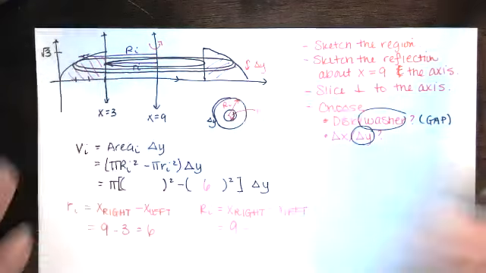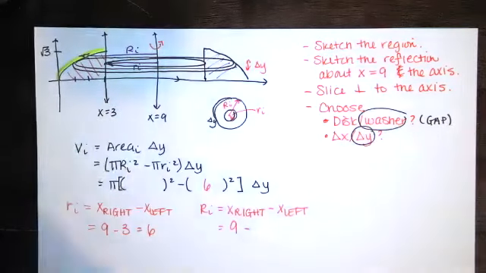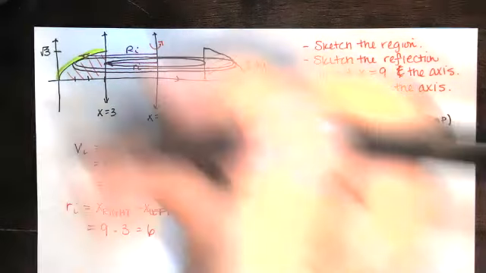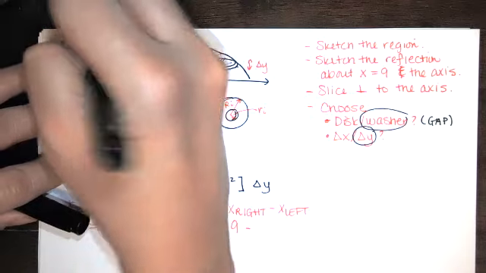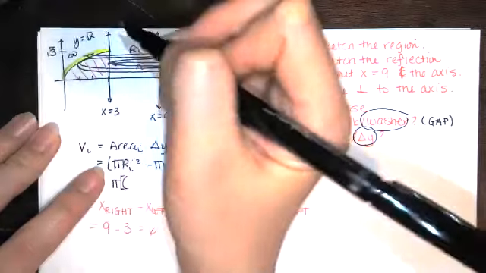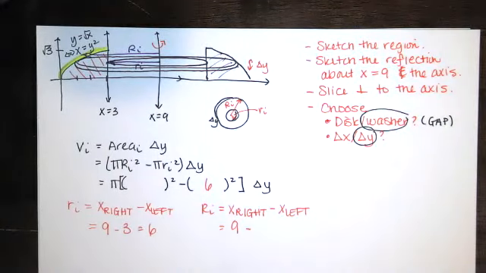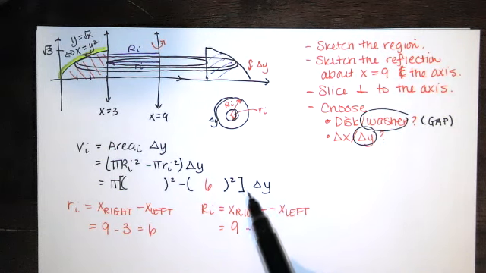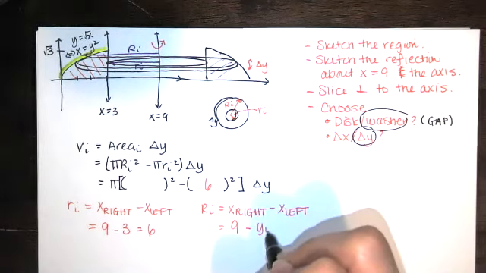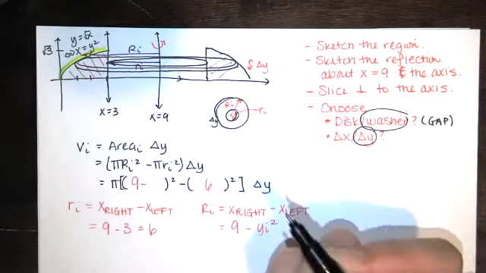The smaller x value is the x value on our curve. Remember, our curve was given by y equals square root of x. So if we are solving for x in terms of y, we would square both sides and we find out that x is equal to y squared. So we want x on the left in terms of y, which means we get y squared. And if we're talking about the ith disk, we'll use y sub i squared. So that is our outer radius.